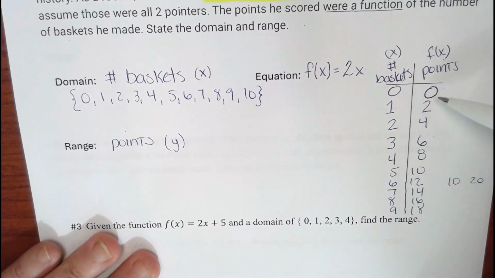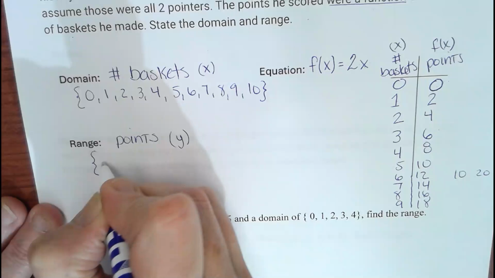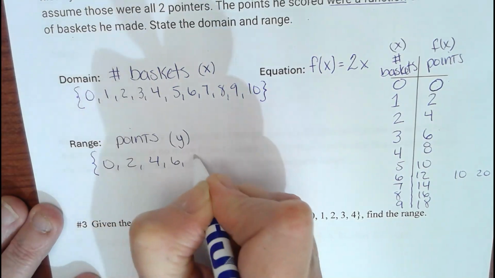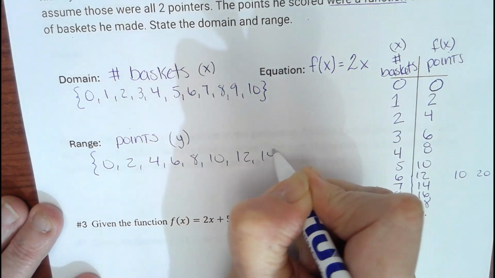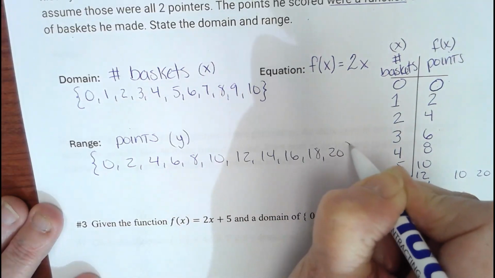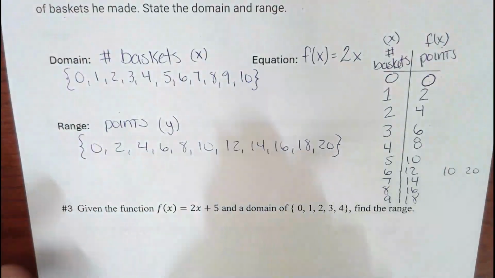Now keep an eye out here. This goes from 0 and then it goes up by 2's. So the range in this case is 0, then 2, 4, 6, 8, 10, 12, 14, 16, 18, and 20. So there's my domain, and there's my range.